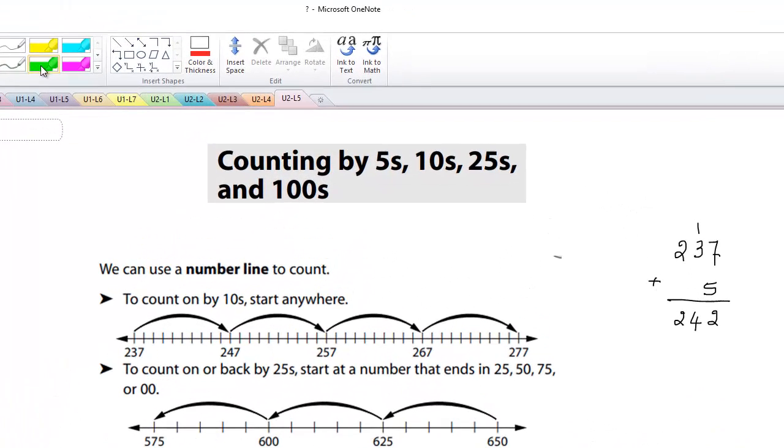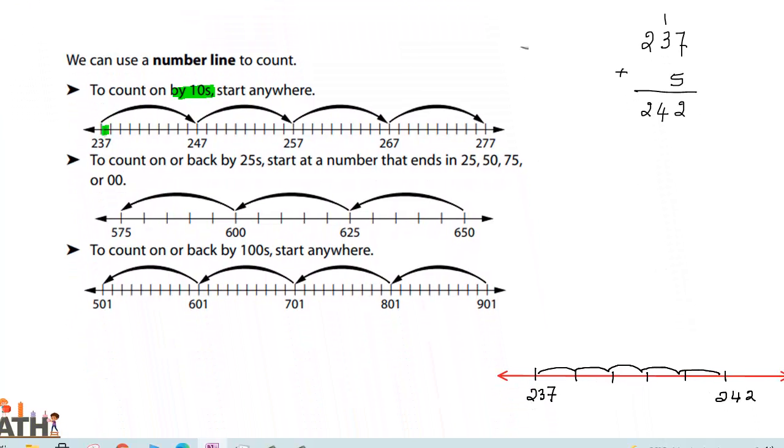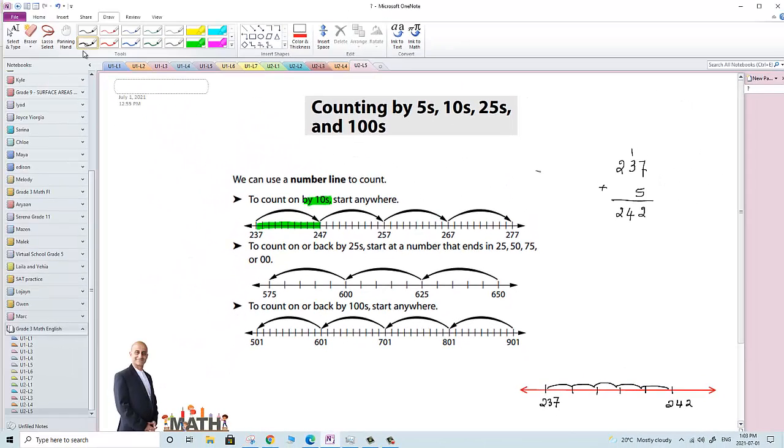Here, if I have a question to count by 10, how can I do it? I start from any number and I'm going to add 10. But there is something better than losing my time adding one by one. I'm saying 237.